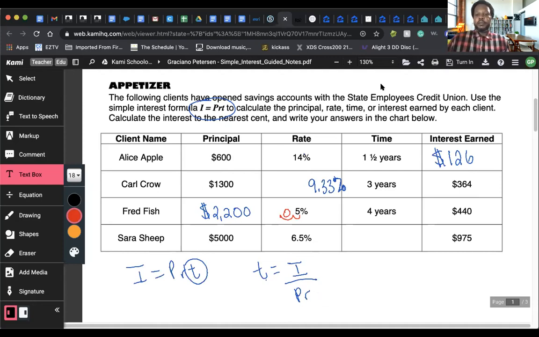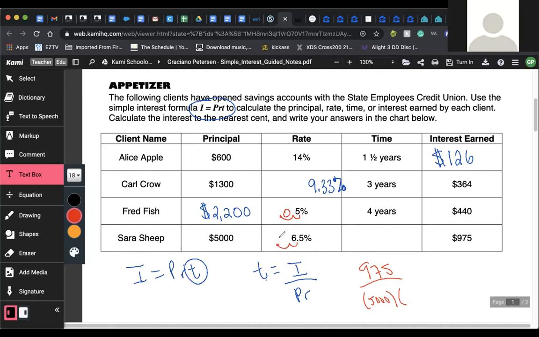Now we can just plug those numbers in. We have 975 divided by 5,000 times, what's my rate as a decimal? 6.5. As a decimal, we're going to write it as 0.065.